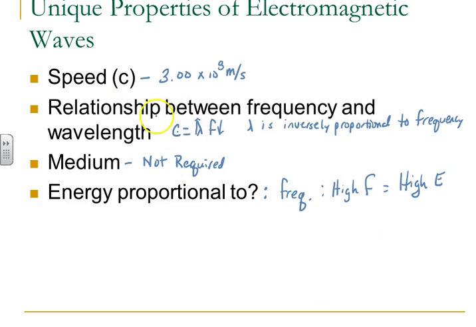That also means, based upon this relationship, that high wavelength is low energy. And you can see why we might want to talk about frequency related to energy, because they tend to go together, whereas we have an inverse relationship between wavelength and energy.